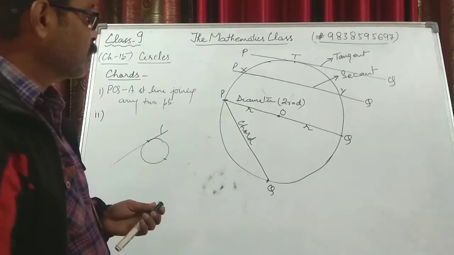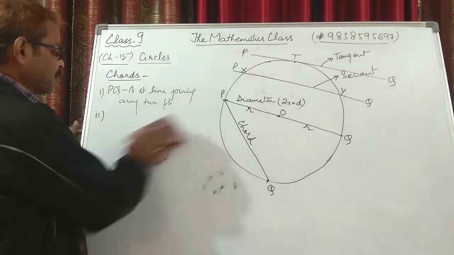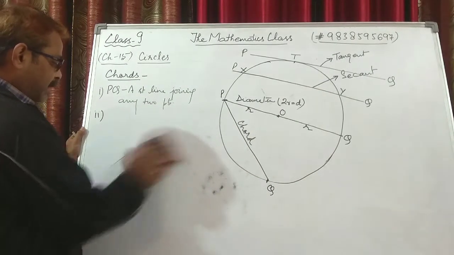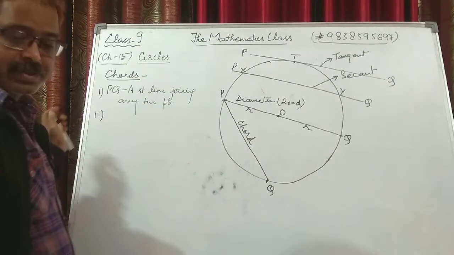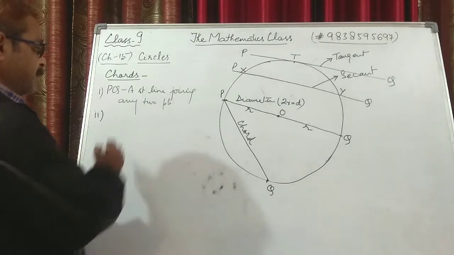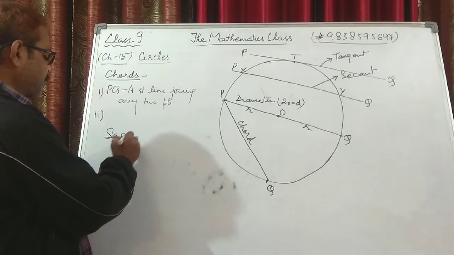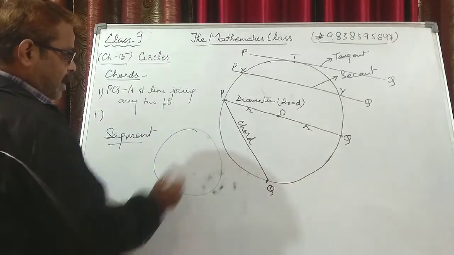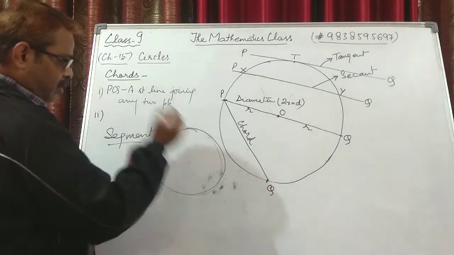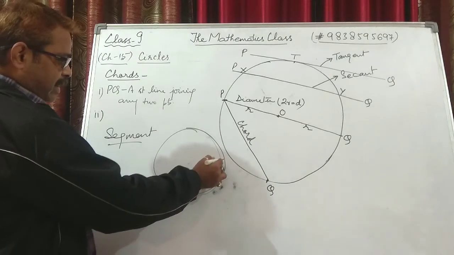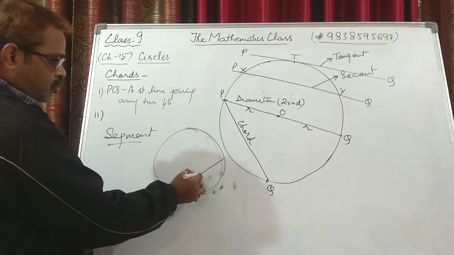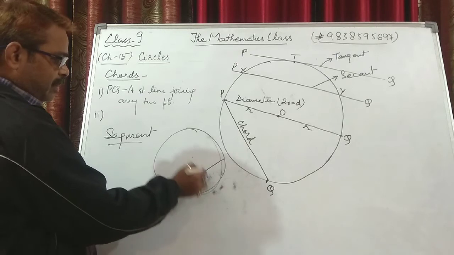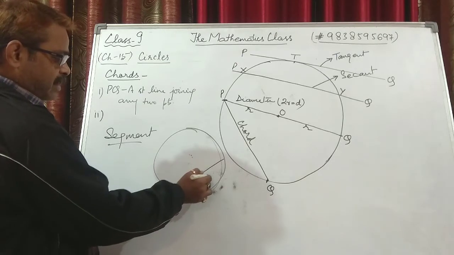So now let's see. I hope these things are clear to you. Now we come to the arc and segment and different things. What is segment? If there is a circle and a chord is drawn, chord means a line joining any 2 points, this chord divides the circle into 2 different segments.